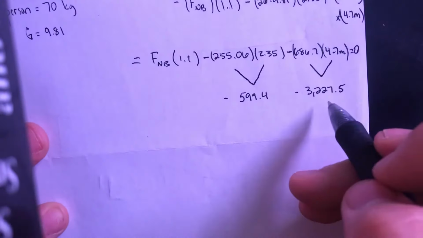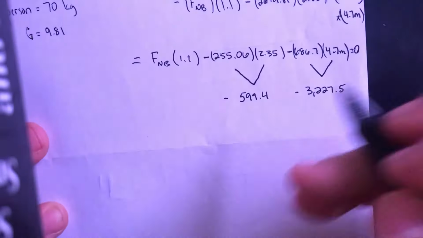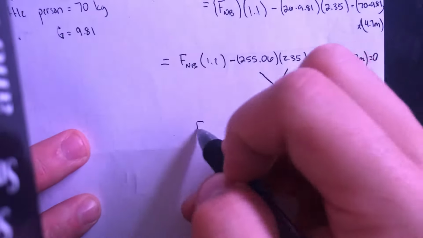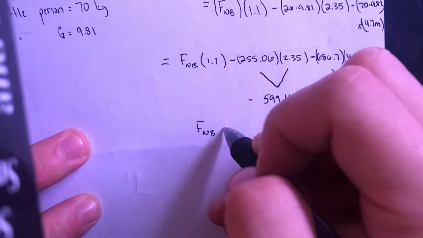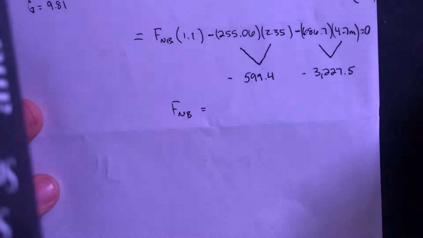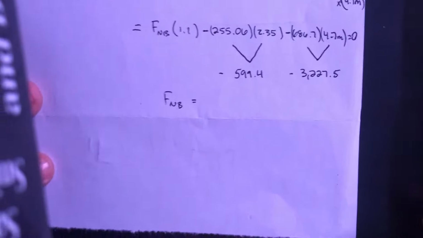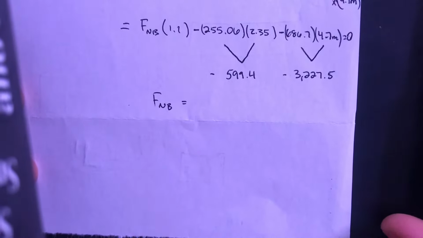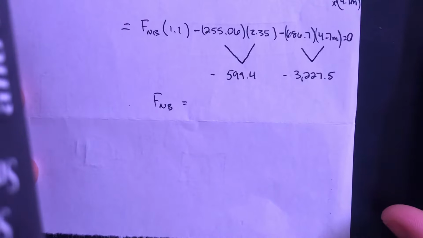So if you add those together and put it to the other side, and set Fnb equal to that, your Fnb will be equal to 599.4 plus 3227.